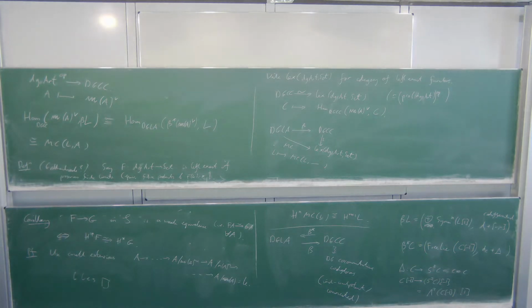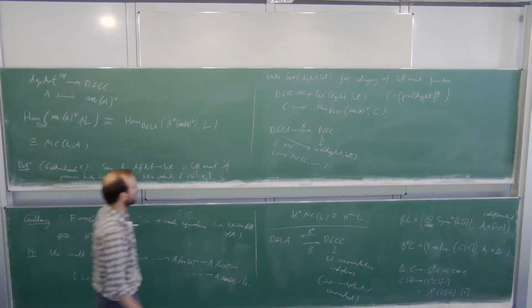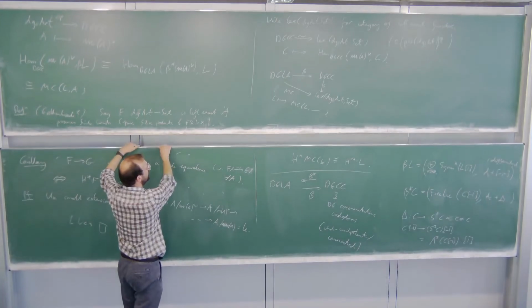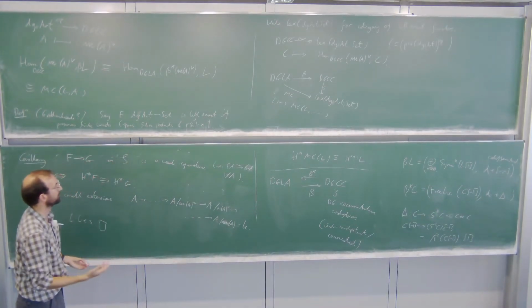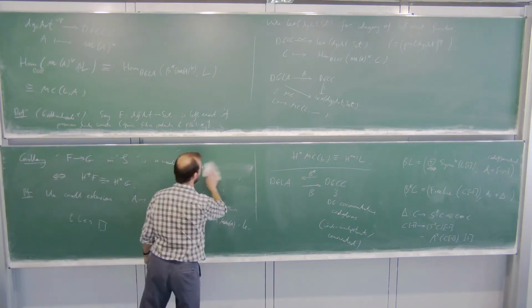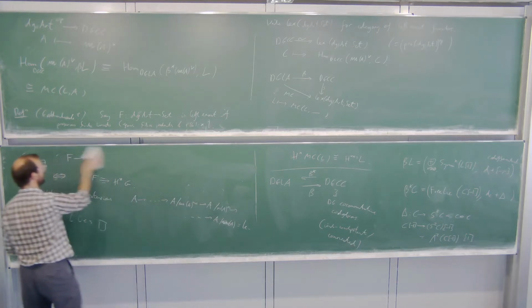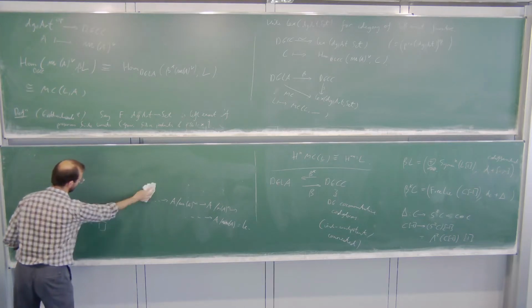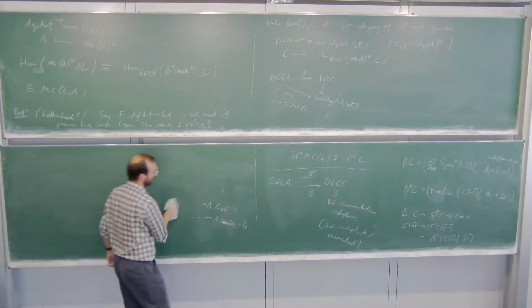Now what I'm going to do is show you, for those who know about model categories, there's a model category structure on DGLAs in which the weak equivalences are quasi-isomorphisms and fibrations are surjections.